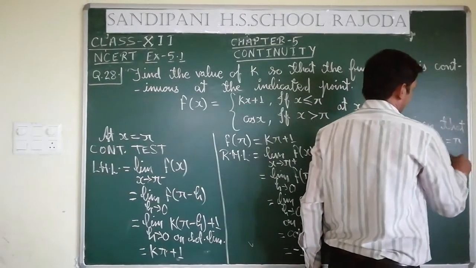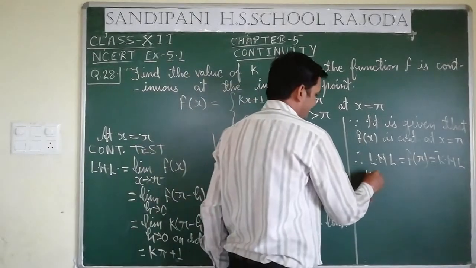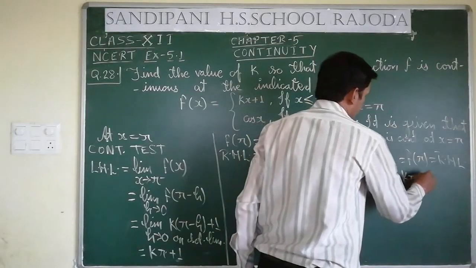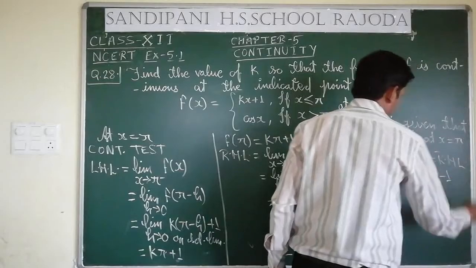Means we have to put k pi plus 1 here is equal to k pi plus 1 is equal to minus 1.